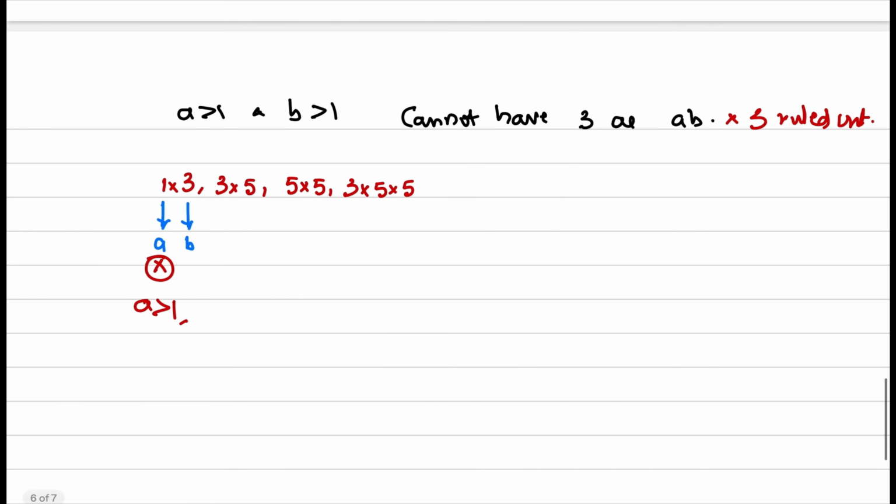Let us check the small ones. First check, it's not possible.